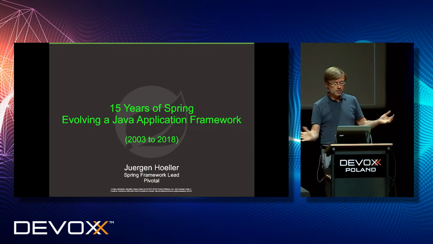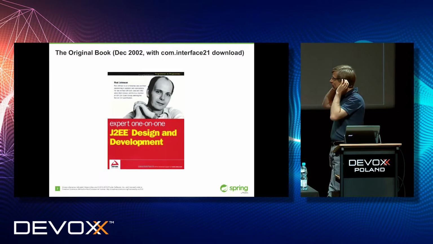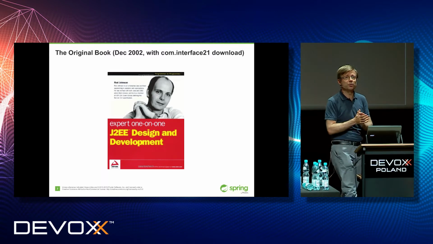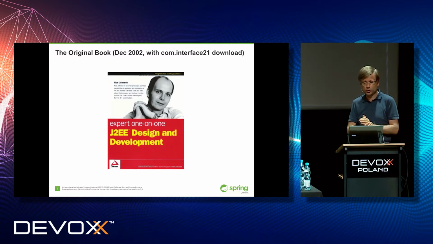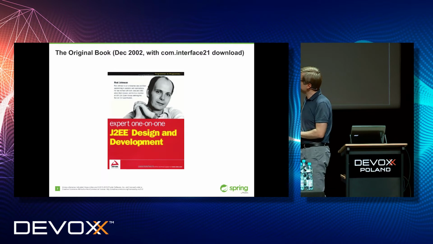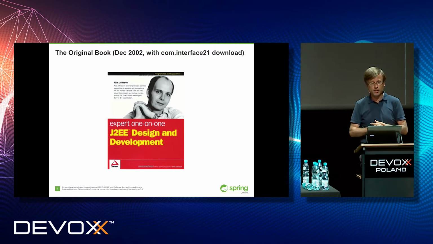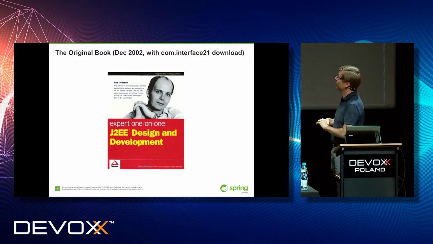So let's start with my own involvement. I read that book back in 2002. December 2002, I got myself this almost 700-page book, read it over Christmas break. Rod Johnson wrote this book, spent the better part of the year 2002 writing it.